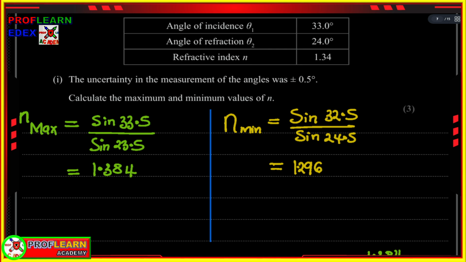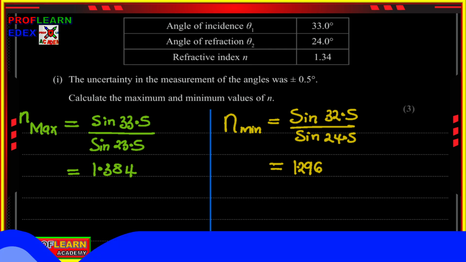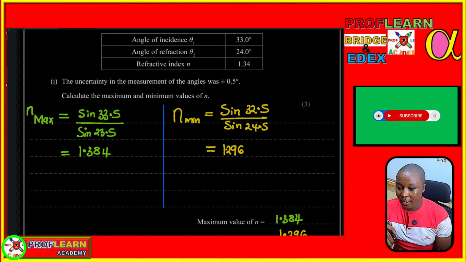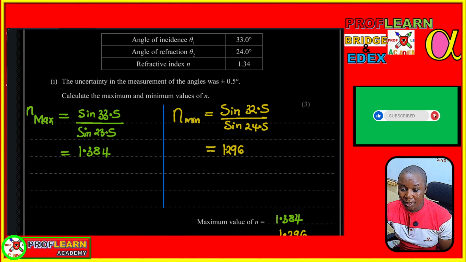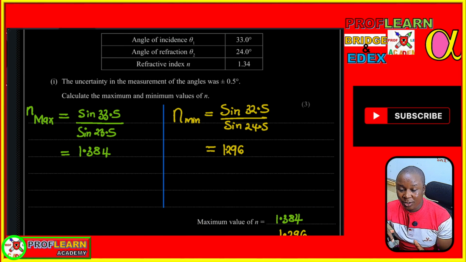At this point, something you really ought to have remembered is that you can find the maximum angle, and also the minimum angle. Refractive index is sine of theta 1 over sine of theta 2, but for maximum refractive index, we have to ensure that theta 1 is maximum. So that is 33.0 plus 0.5, which is 33.5, and theta 2 should be minimum, so we subtract: 24 minus 0.5.